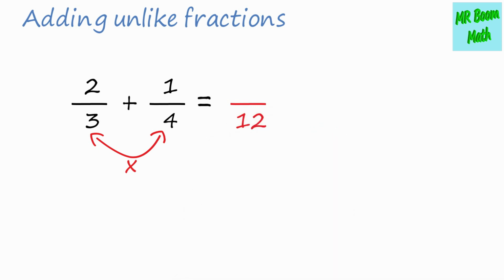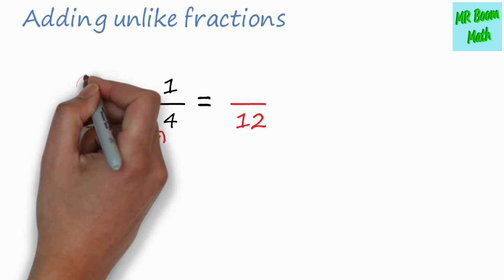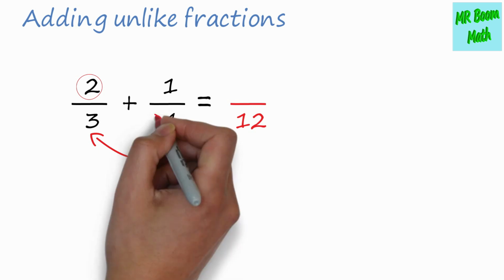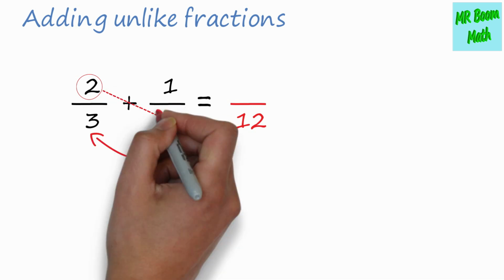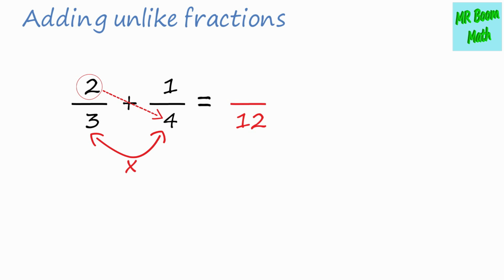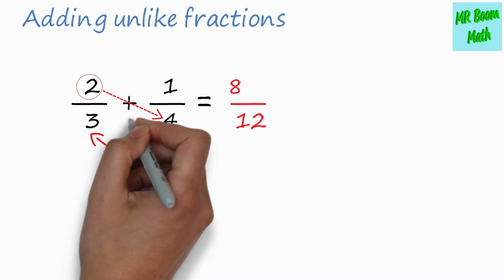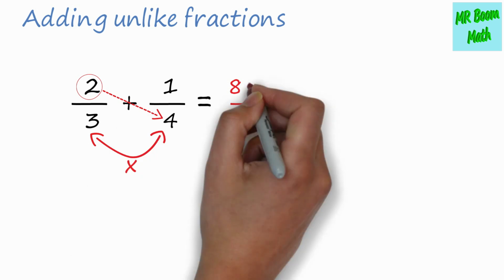And then we start at the top left here, and we multiply this number by the diagonal here. So 2 times 4 is 8. We use the same sign, which is a plus.